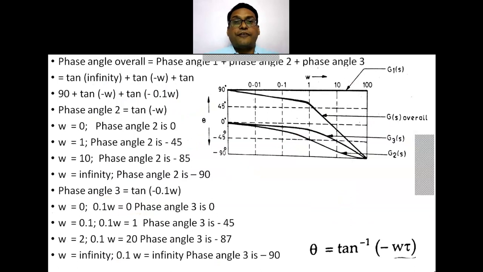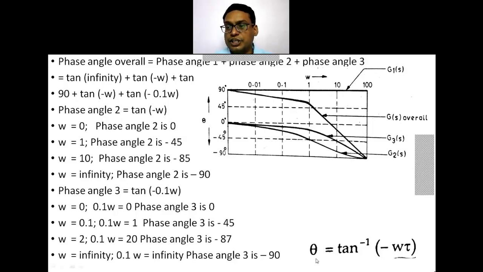The next is the phase angle. So the phase angle is nothing but phase angle 1 plus phase angle 2 plus phase angle 3. So in this case, tan inverse of infinity plus tan inverse of minus omega plus tan inverse of minus 0.1 omega. So tan inverse of infinity is nothing but 90.